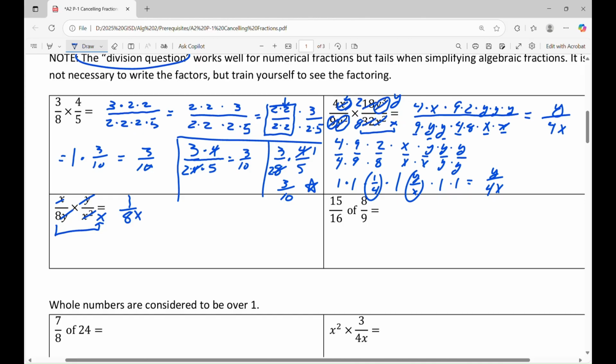Now, whenever you see a fraction or a decimal or a percent, and then it says the word of, that of always means times. Simple example, everyone knows that half of 8 is 4. Well, does that mean 1/2 plus 8, 1/2 minus 8, 1/2 times 8, or 1/2 divide by 8?